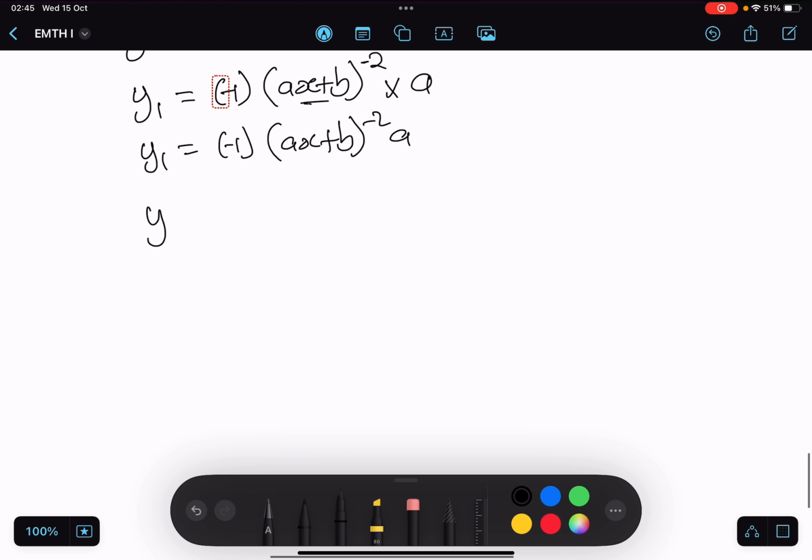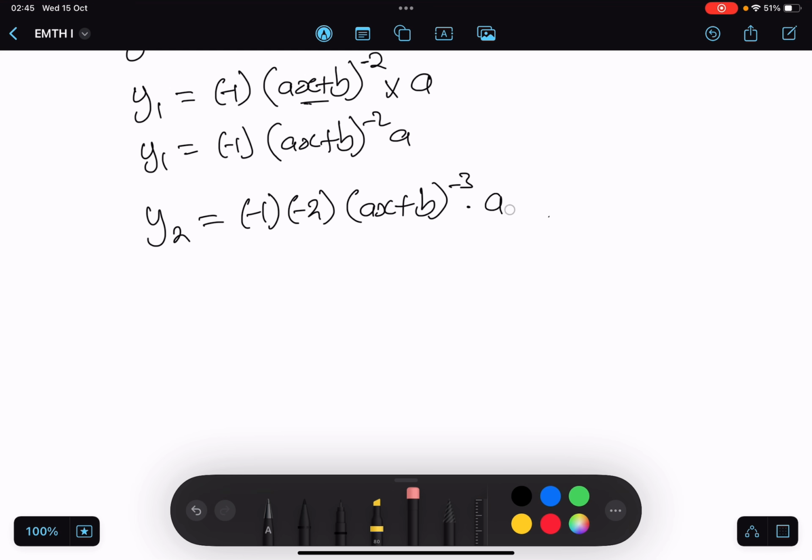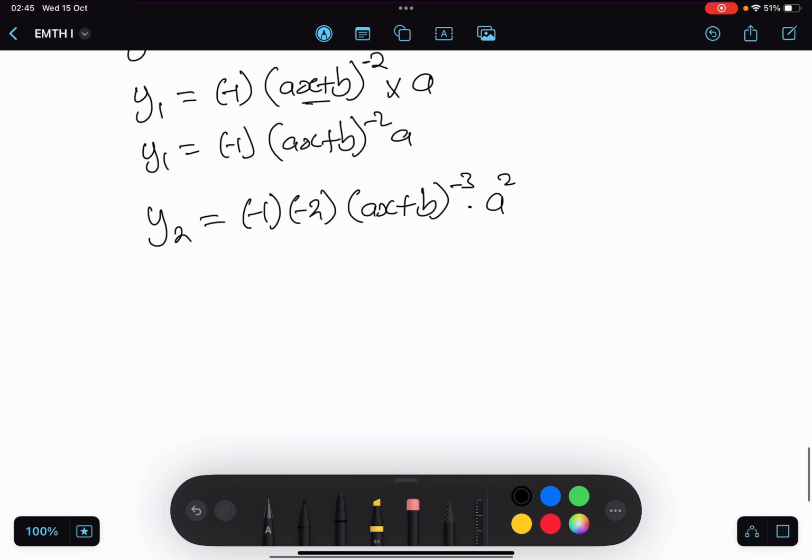And then we differentiate again. If we differentiate again, we're going to have -1 times -2 times (ax plus b) to the power -3, times a, times, when you differentiate what is inside again, another a. And then this will give you a squared.